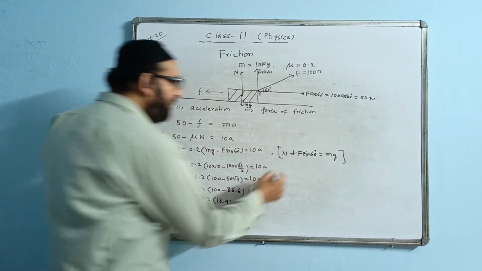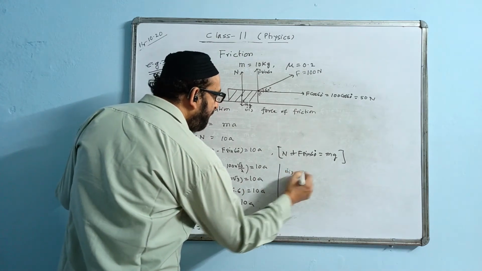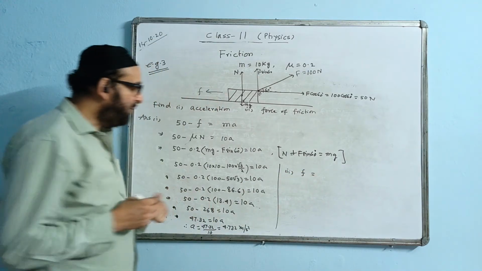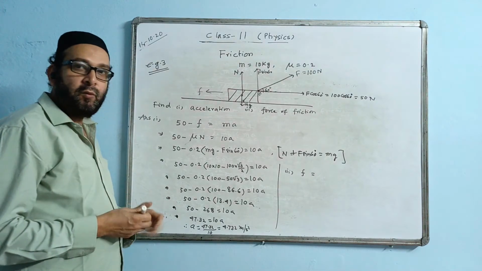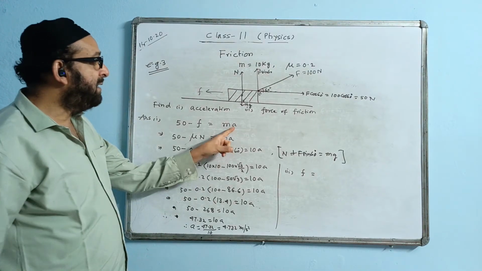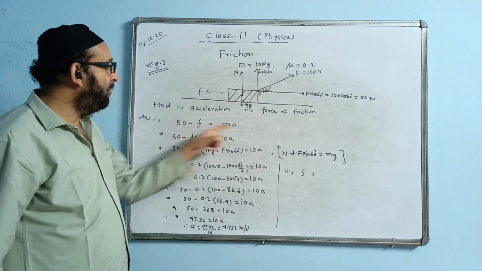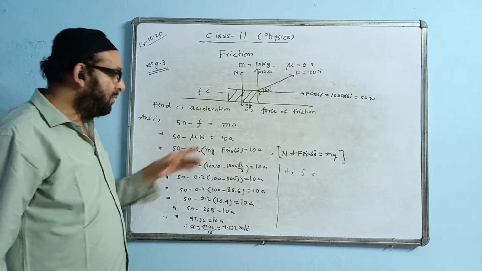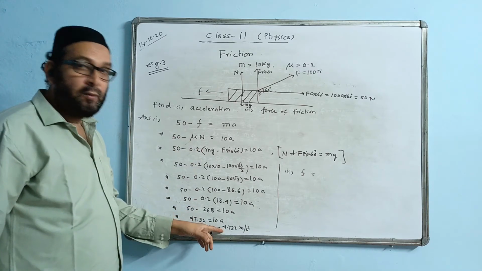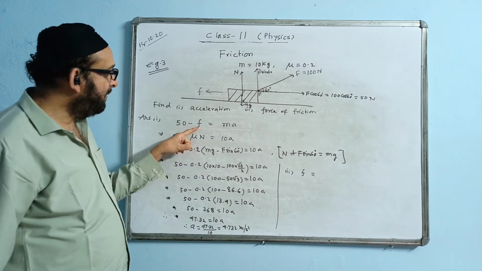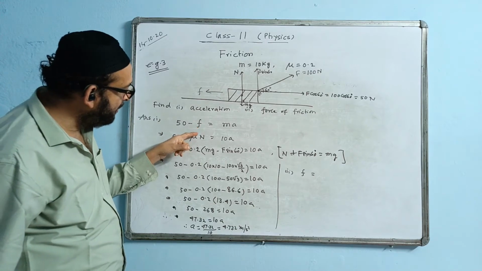That means what is the value of friction? Therefore, second part we do know. Therefore, the value of friction is equal to. If the value of A is 0, then only we make these two equal. This value must be equal, then only the value of A comes 0. But just now the value of A does not come 0. That means these two values are not equal. Whatever is the value of F, we calculate. You can see the calculation part.